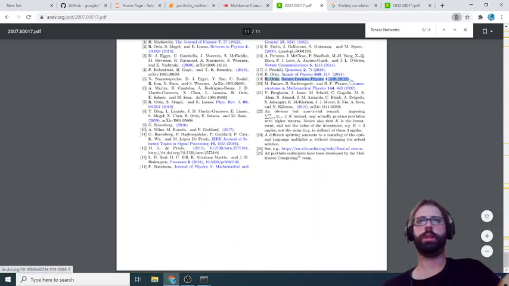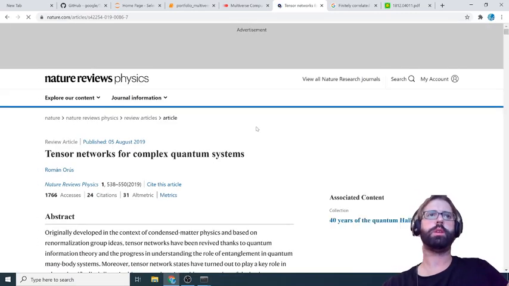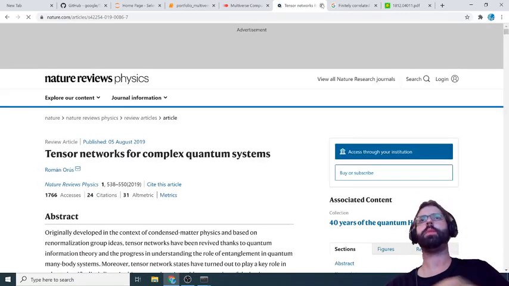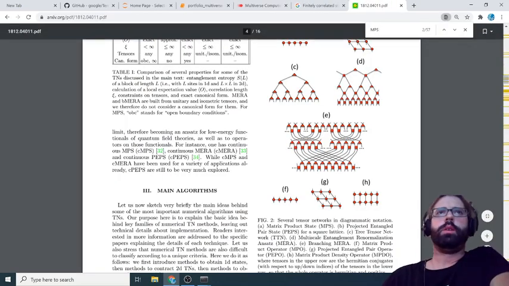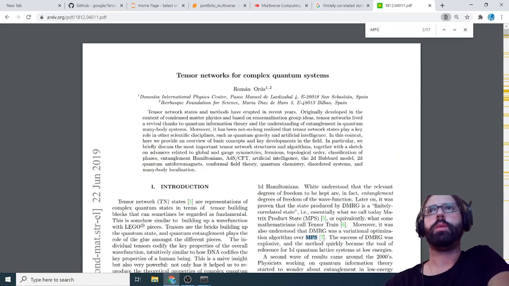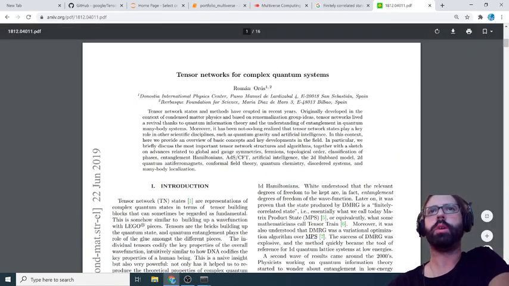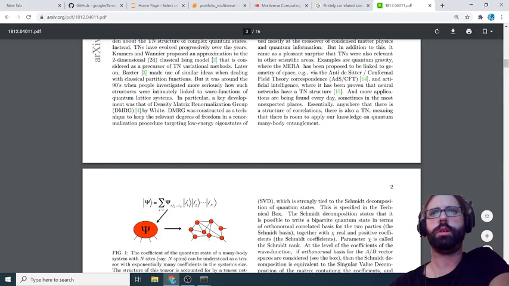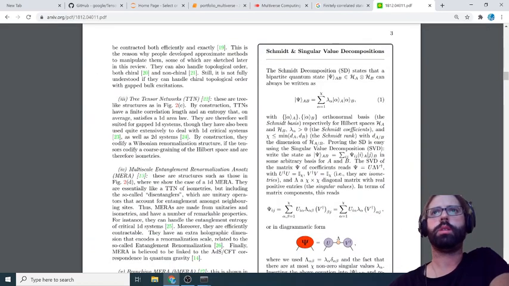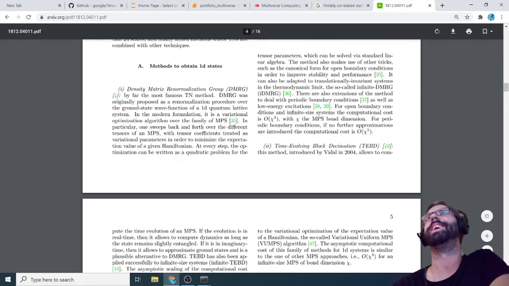I think that's, sorry. Let's just follow the link. Yeah, that's it. Okay. Tensor networks. I just want to read 57 pages. I want to find the algorithm, but it's going to be complicated. Yeah. Awesome. That's going to be a lot of fun. A lot of fun.